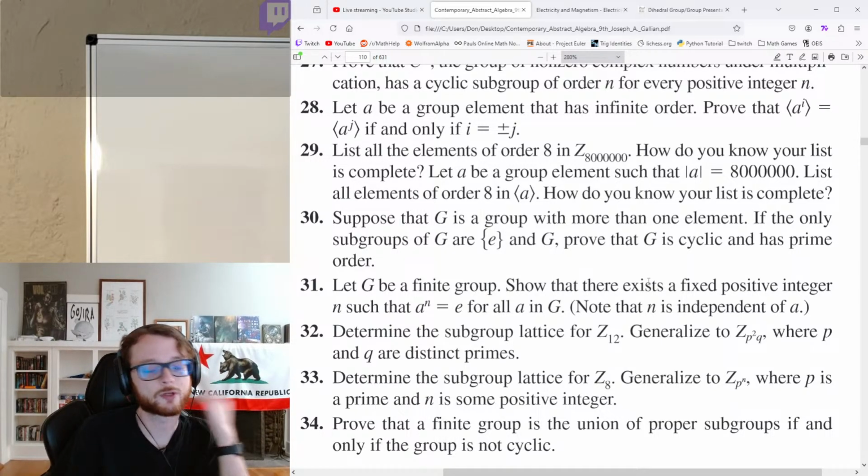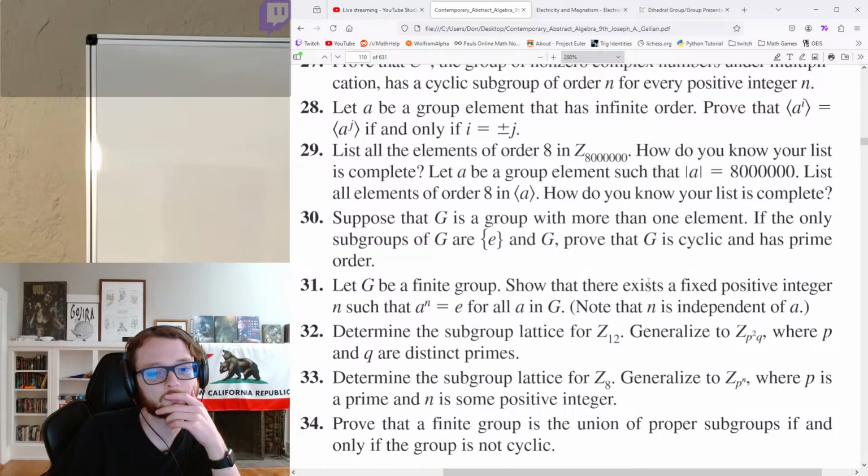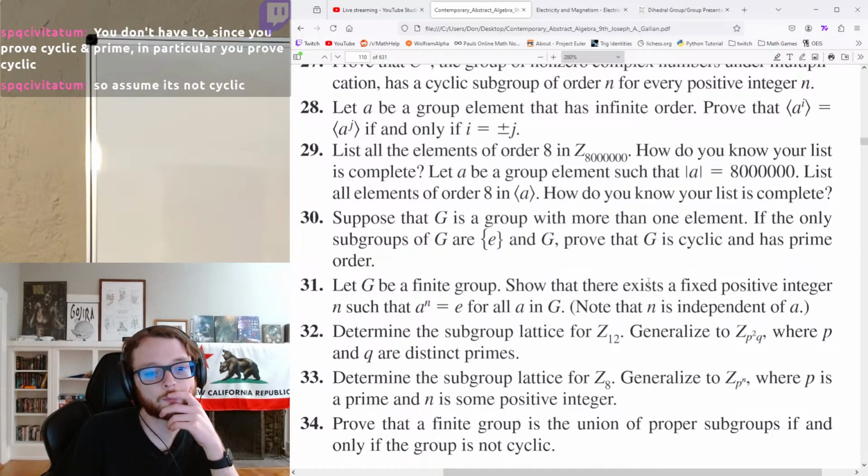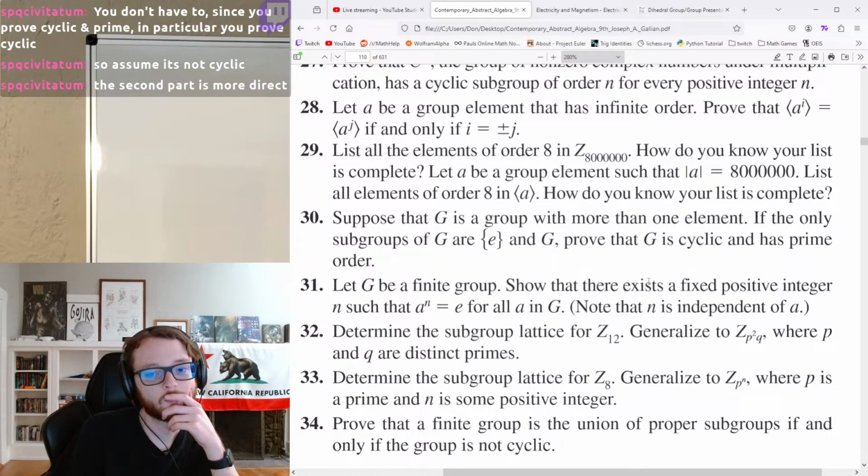So that shows a contradiction with the cyclic part and a contradiction with the prime order part. Assume. Oh, I guess the prime part would follow from it being cyclic. Yeah. Well, I feel like maybe we're going to need both of them at the same time, I guess.